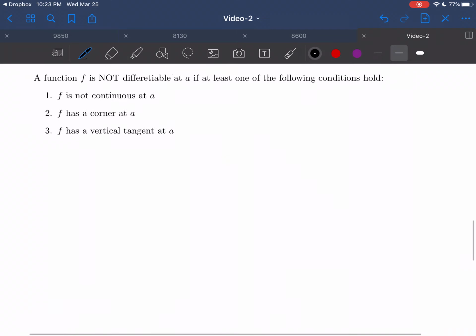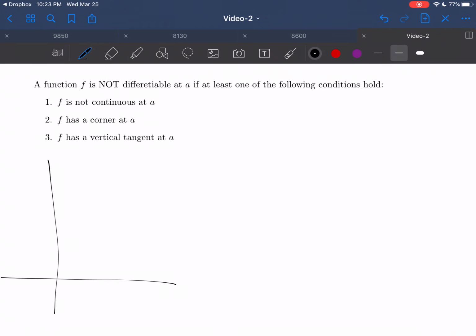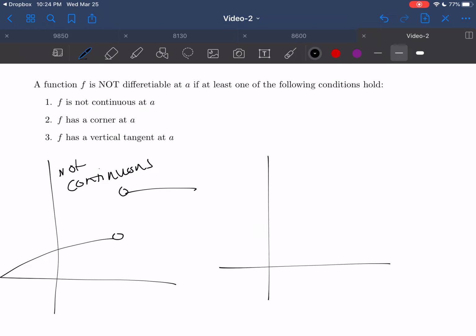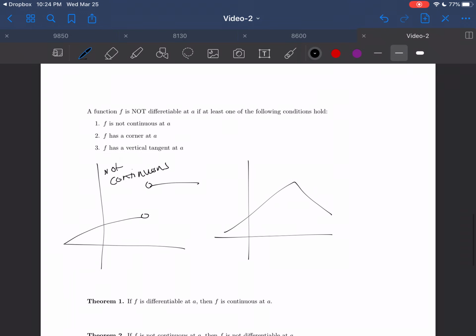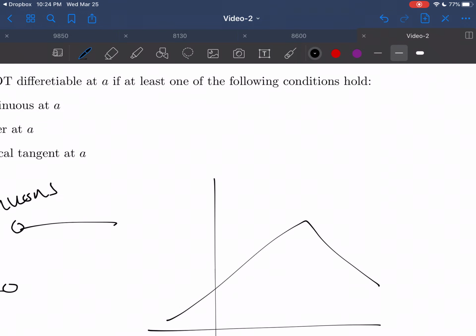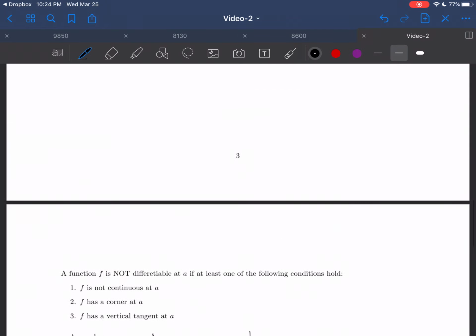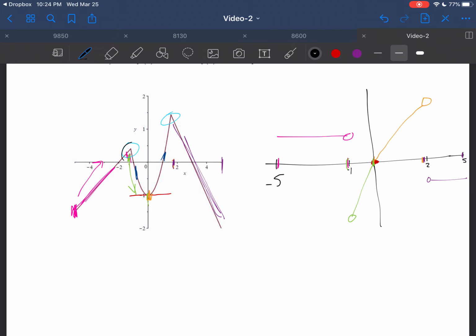So for example, if we had something like this, it's got a jump, some holes, it's not continuous. The second would be if f has a corner at a point. So if we've got a sharp point, remember I said corners.